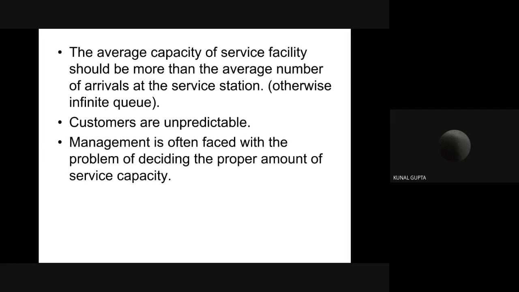So now, if there is a queue, what do you have to do? Management is often faced with the problem of deciding the proper amount of service capacity. If you are the decision maker, the service provider, or the service facilitator, then you have to take the decision on how you should provide the service.